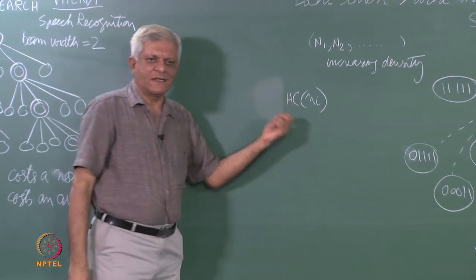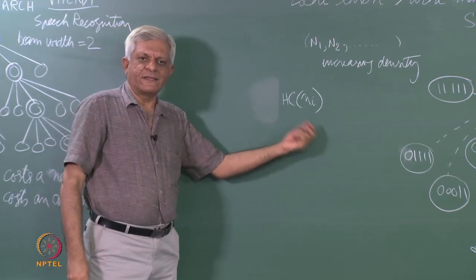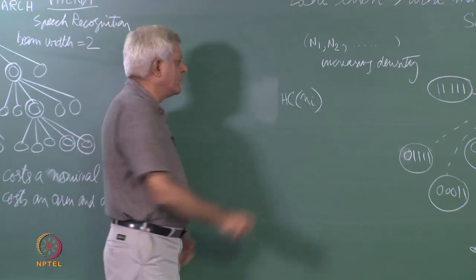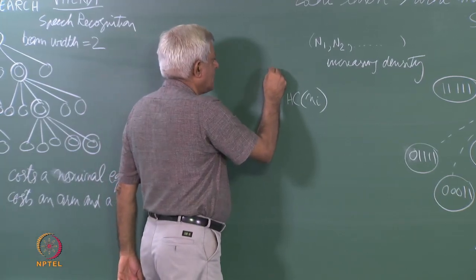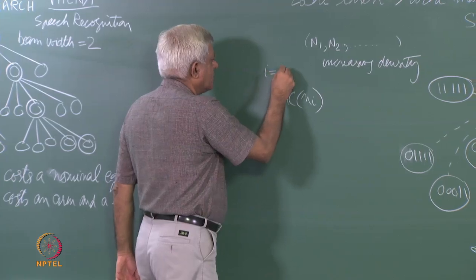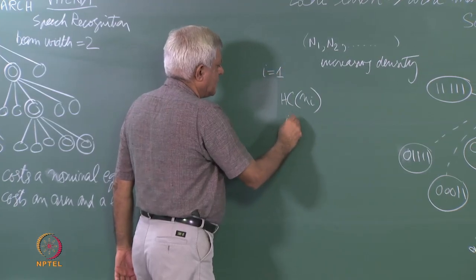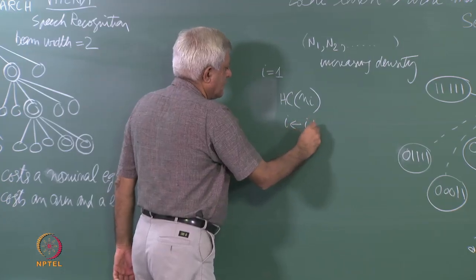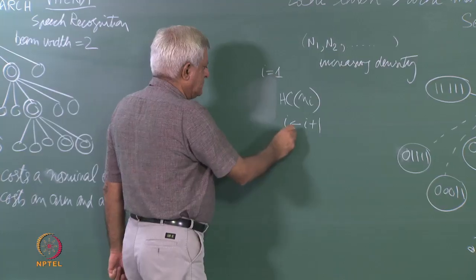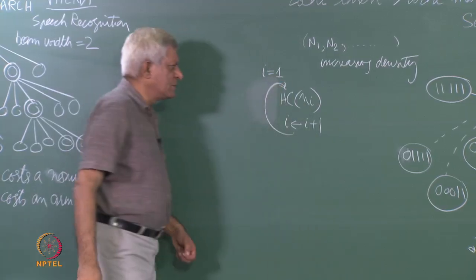HC stands for hill climbing, hill climbing with the ith neighborhood function, and you put i equal to 1 and then you put i equal to i plus 1 and put it into a loop.